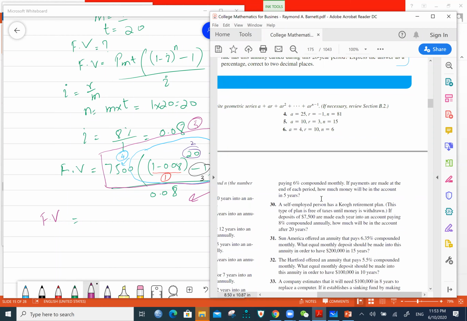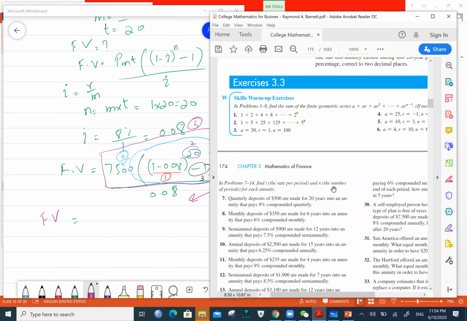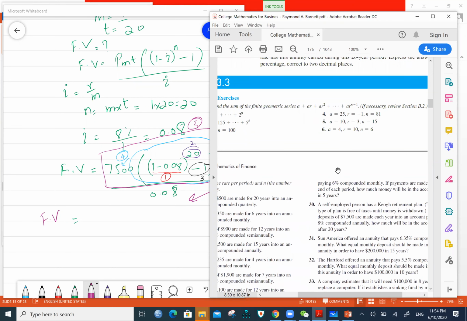I didn't solve the problems. I didn't get time to solve the problems for 3.4, but I did 3.1 to 3.3. Okay. So I don't know what happens in 3.4. I don't have any questions there yet.